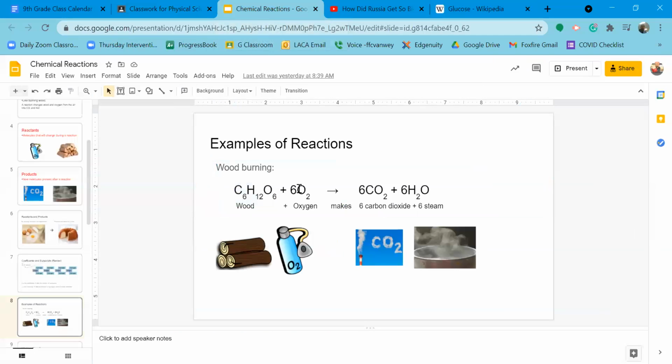So it combines with 6 O2s from the air, which is just pairs of oxygen. Oxygen likes to hook up with another oxygen when it's in a pure form. And they yield the CO2 and the steam that we talked about before. Now, obviously, this should probably be sugar burning, or sugar oxidizing, but you guys know about wood burning. For these purposes, it's the same thing.